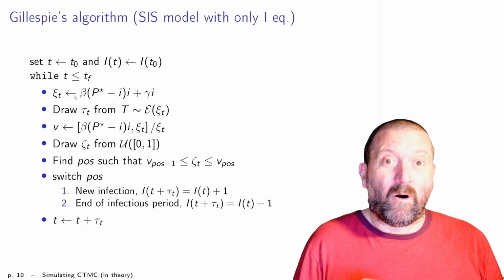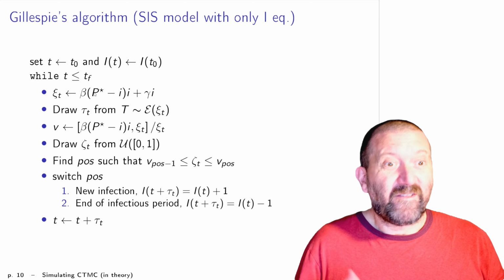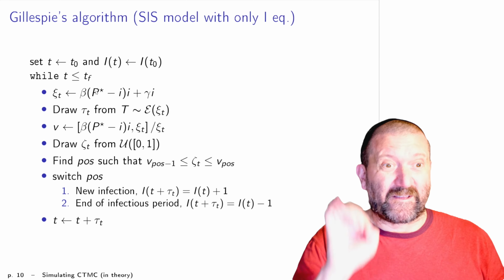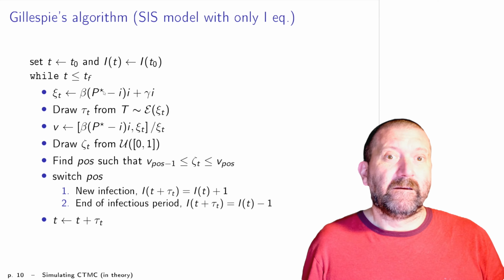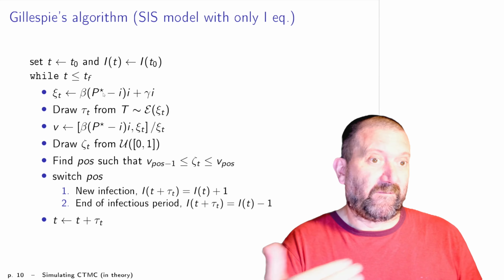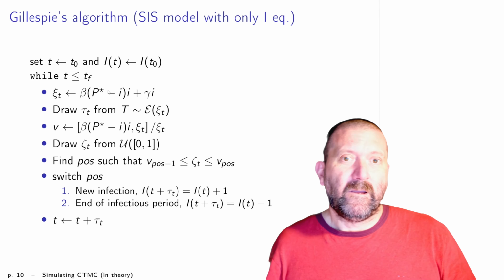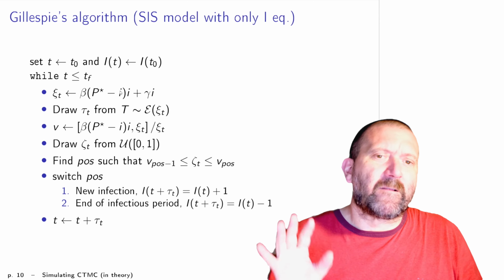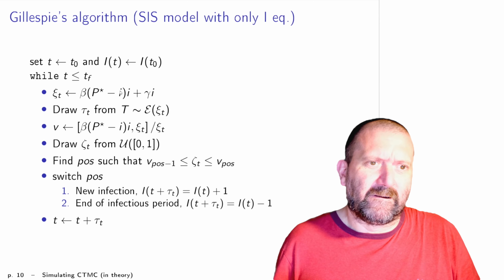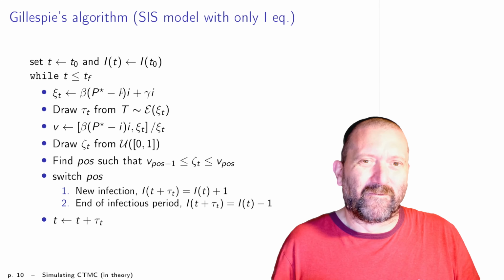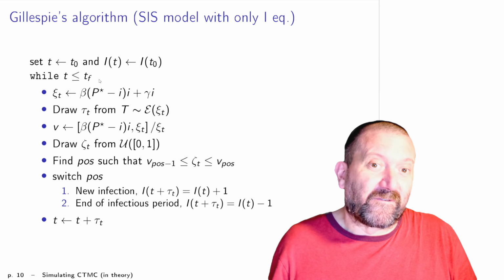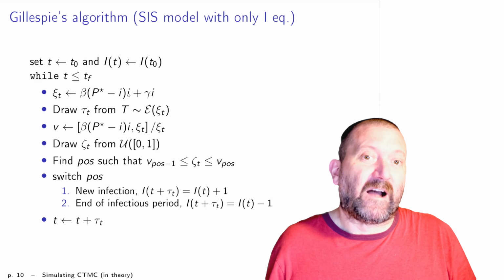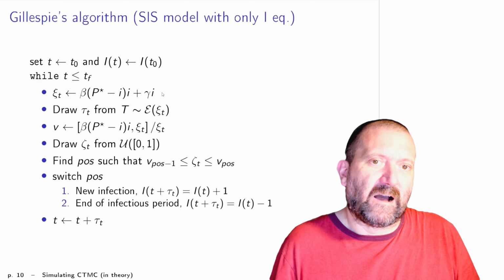The sum of the weights of the events, the sum of the propensity functions evaluated at the state, is beta times the total population minus I of t, which is S of t essentially, times I of t, plus gamma I of t.